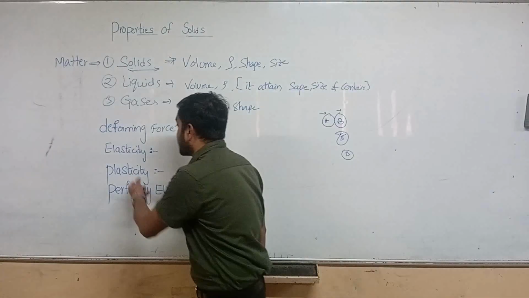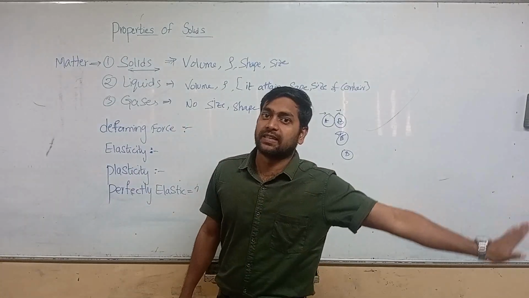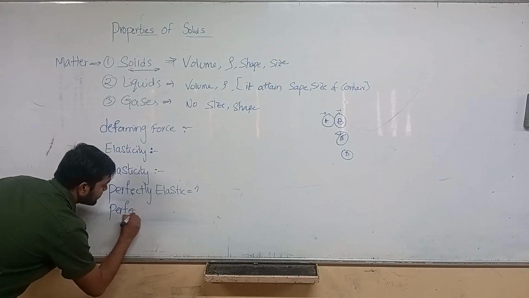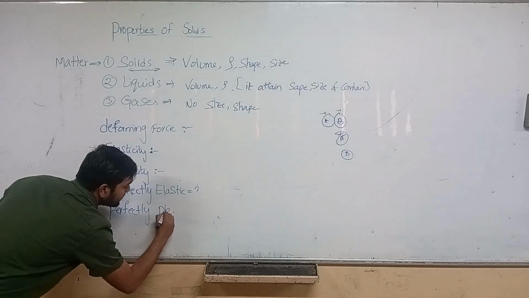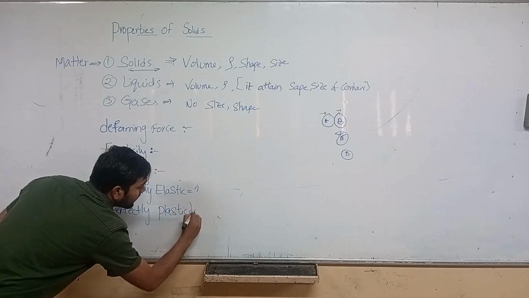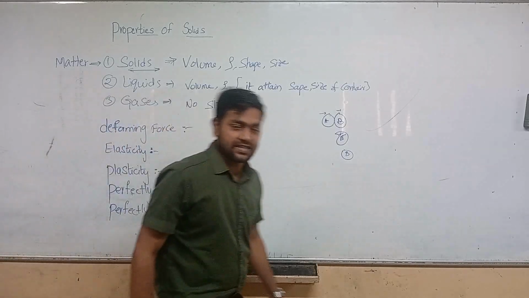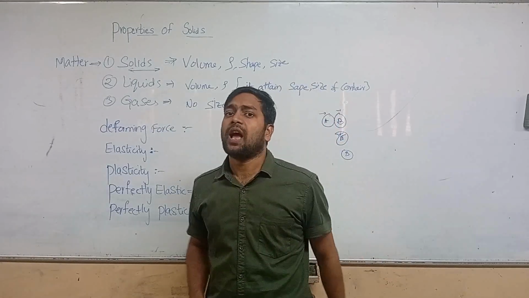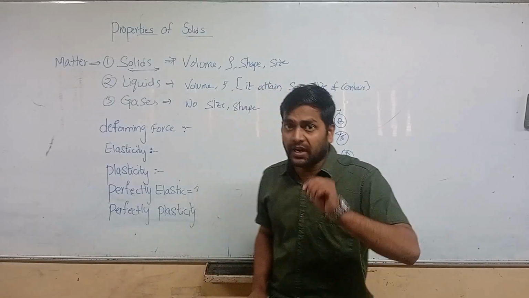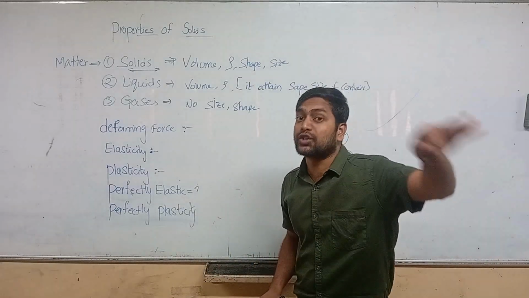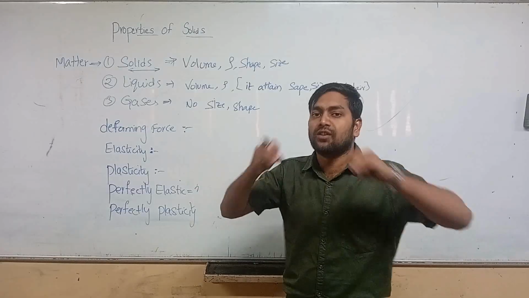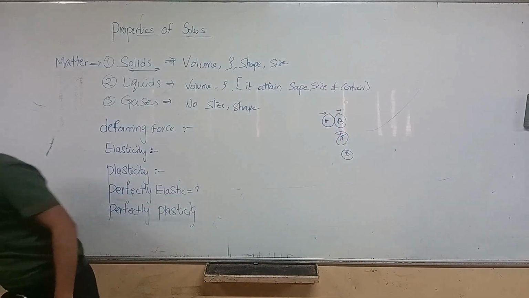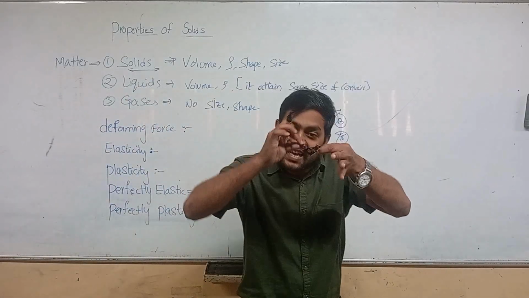Next, coming to plasticity. Perfectly plastic. What is that? Whenever we apply some force on an object, it does not get into its original configuration at all. Let us take this object. I just tear this one, right?